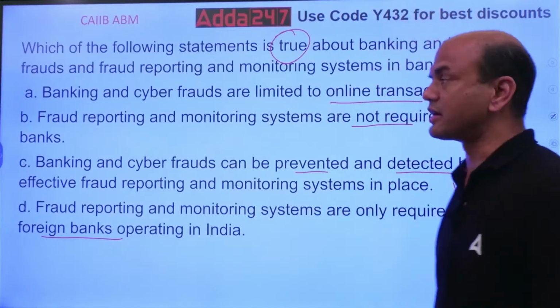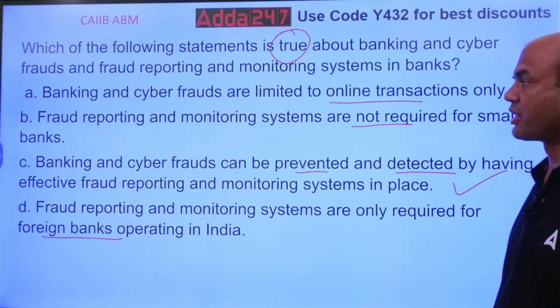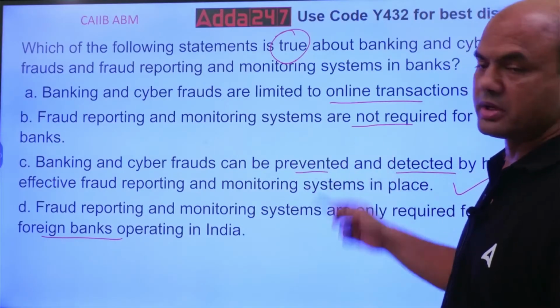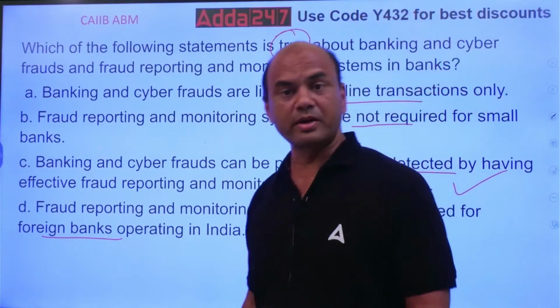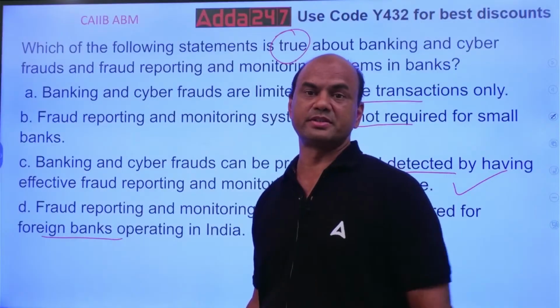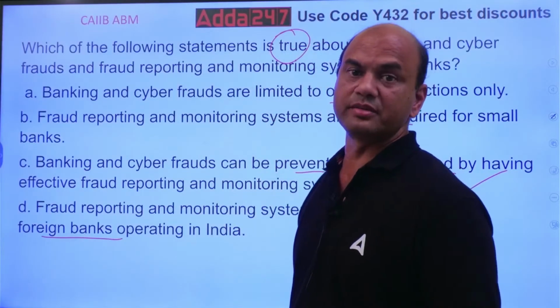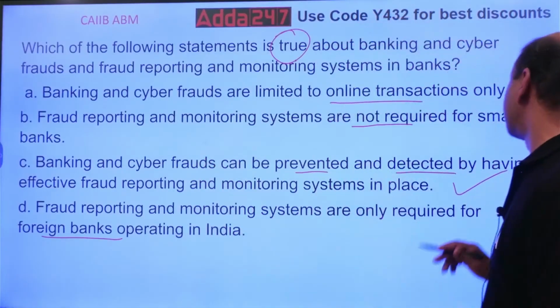Okay, that is general trend which is seen. So it's not limited to online transactions. Fraud reporting and monitoring systems are not required for small banks. Even the smaller cooperative banks face the same problem nowadays, isn't it? So it's not that only large banks will have the online frauds. Okay, so that's the right answer.